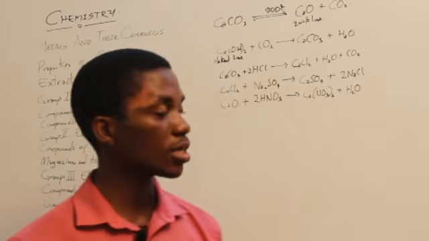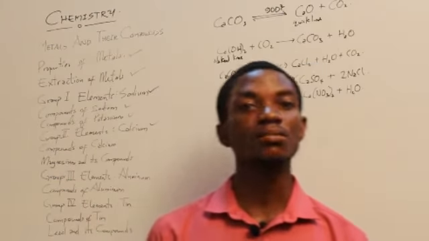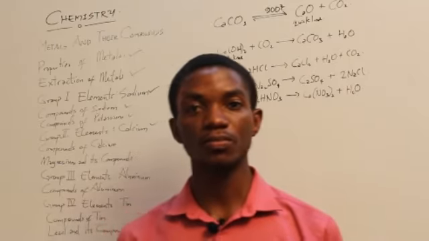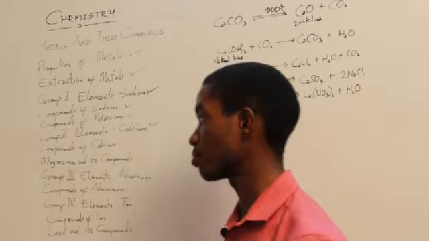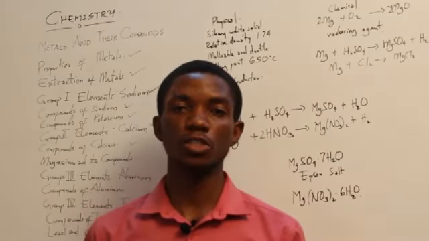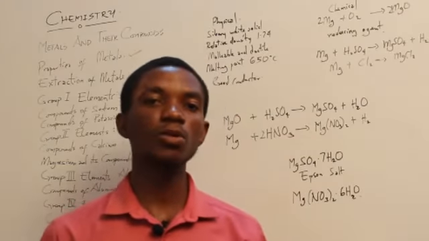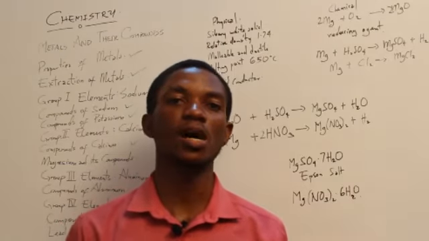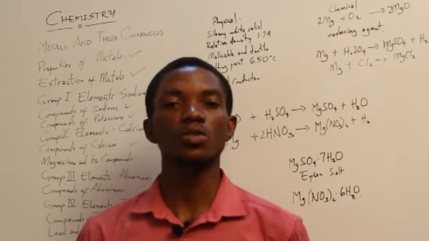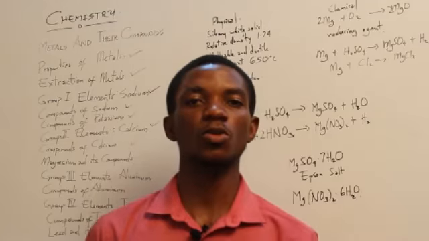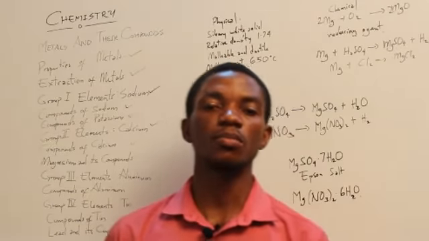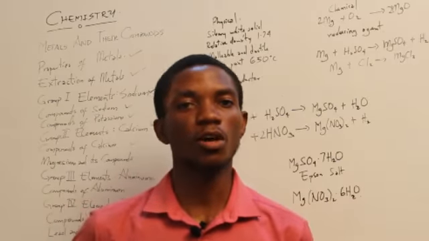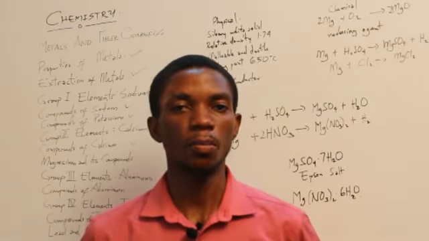Okay, let's quickly take a look at magnesium and magnesium compounds before we go to analyzing the group 3 elements. For the extraction of magnesium, magnesium chloride fused with sodium chloride has to be electrolyzed. During this electrolytic process, one of the products that will come out of it is pure magnesium.